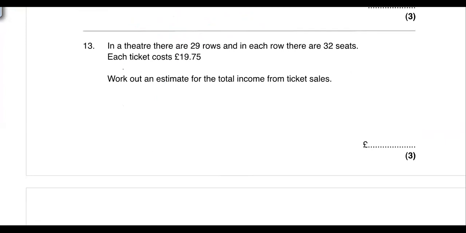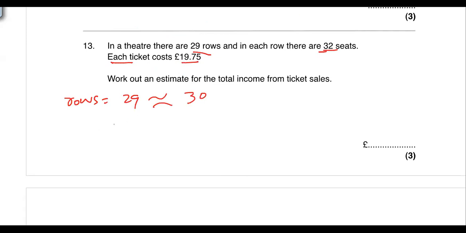Now again for this one, in a theater, there are 29 rows and in each row there are 32 seats. Each ticket costs 19.75. Again, look, first rows, these are 29, so round them to one significant figure, obviously 30.